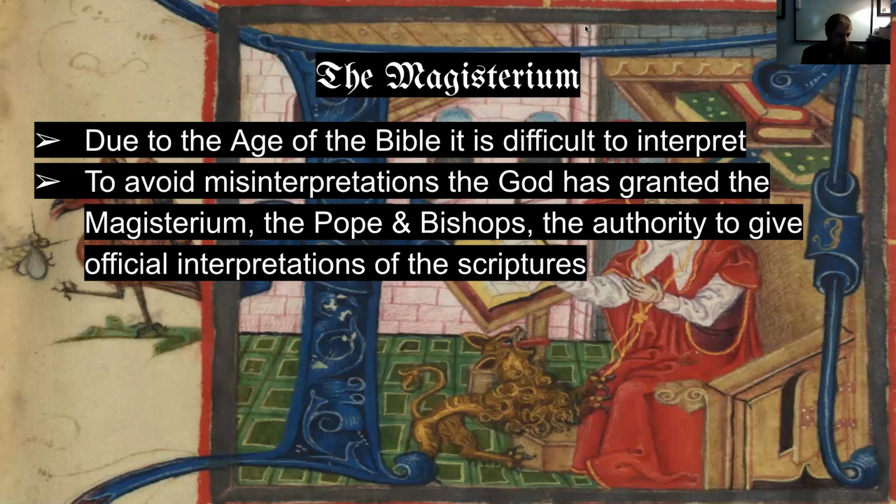Not to mention the knowledge of sacred theology. That's the study of religion. And so they're in a better position to be able to make sense of some of the finer points of the Bible and to produce an accurate English translation. So that is the magisterium. That's why we as Catholics have the magisterium.